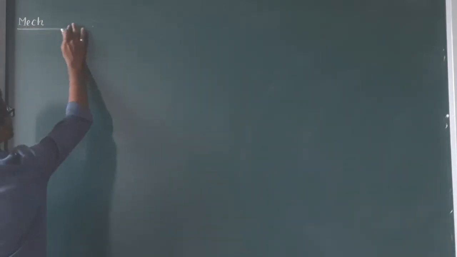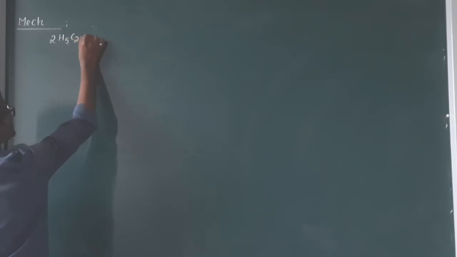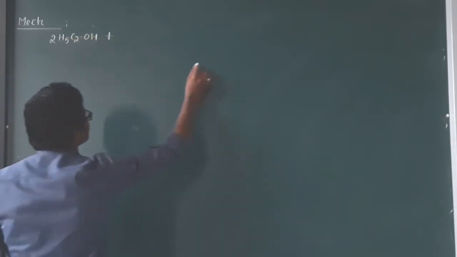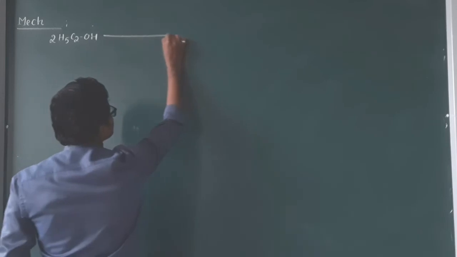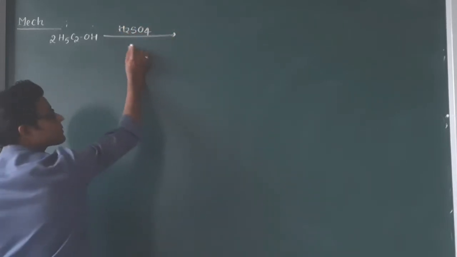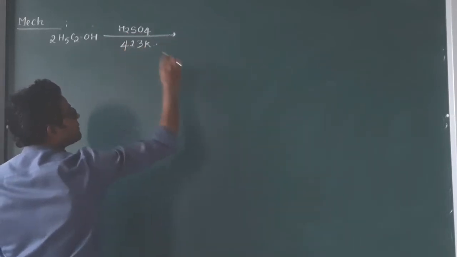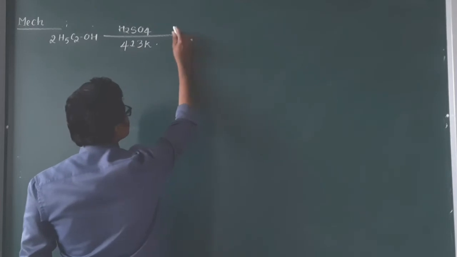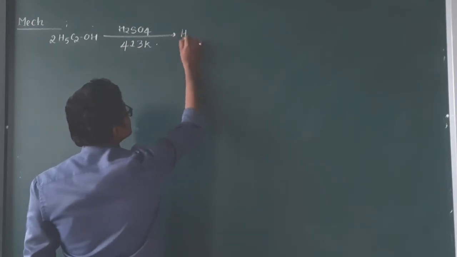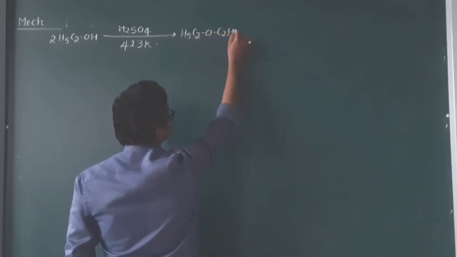This is a mechanism for the reaction of 2 molecules of C2H5OH, which will react in the presence of concentrated H2SO4 at a temperature of 413 Kelvin, and what we have observed is it is going to yield the ether C2H5OC2H5.